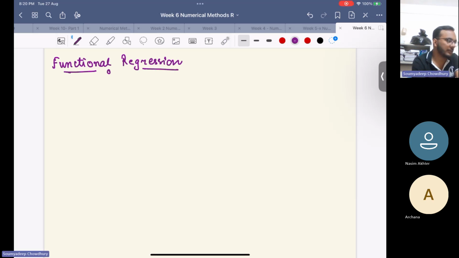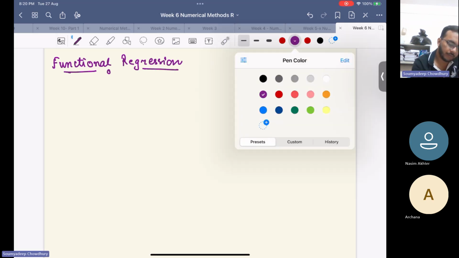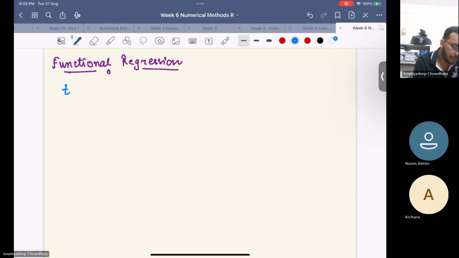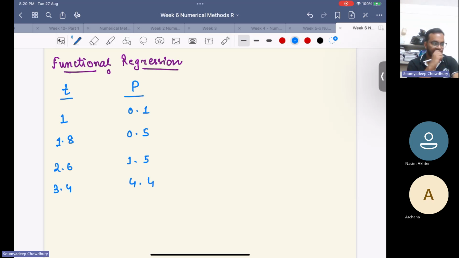So suppose you are given some data, some temperature, time, and some pressure P is given.